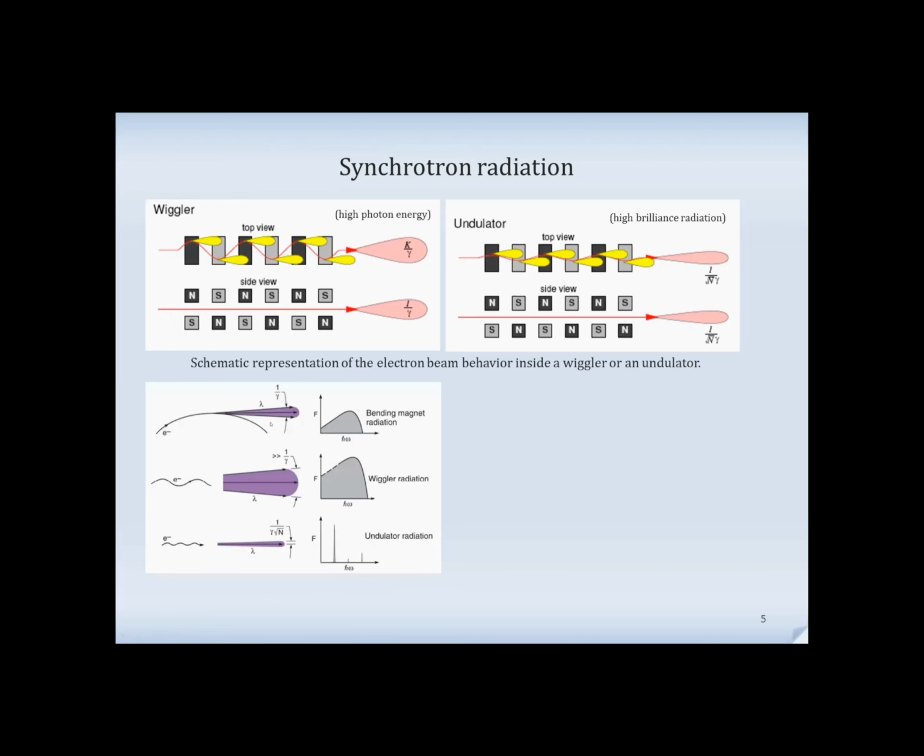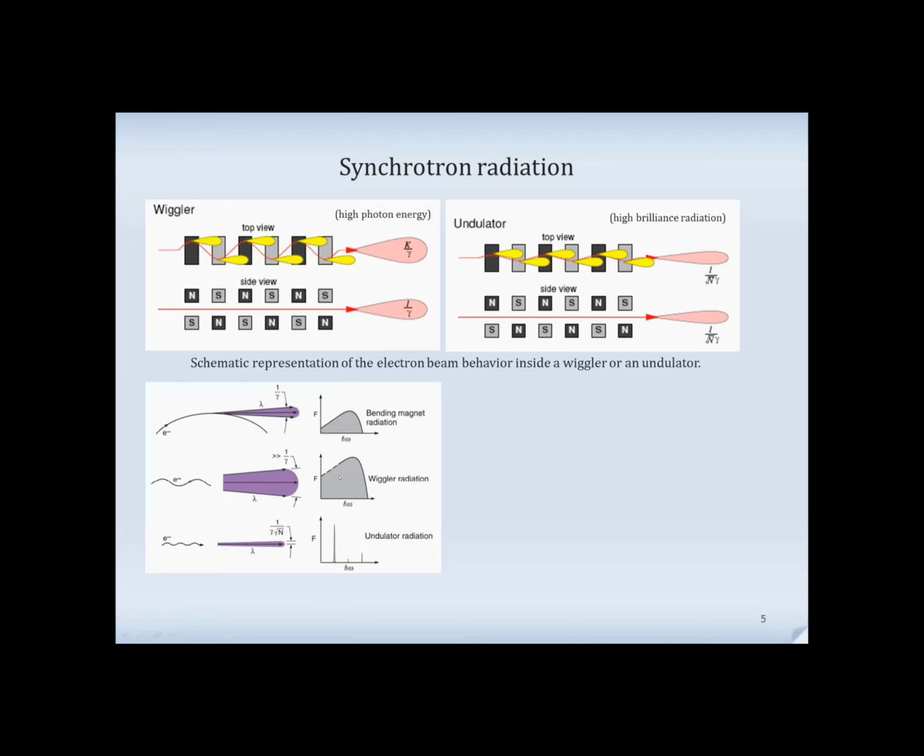On this scheme, you can see that for a bending magnet without insertion devices, the spectrum is continuous, and using some filters, some special optics, you can reject wavelengths, not any of course, but within the spectrum you'd like to use for your experiments.